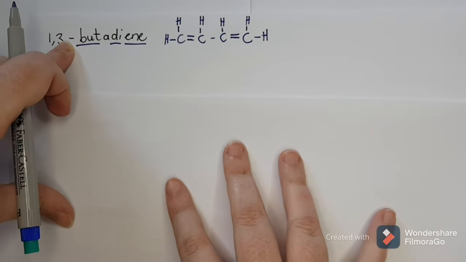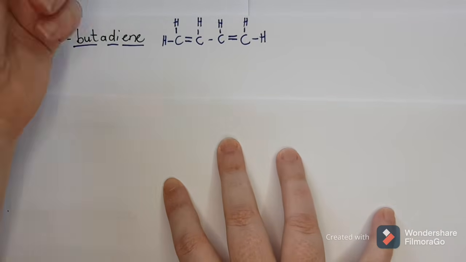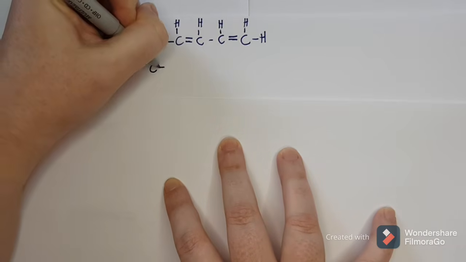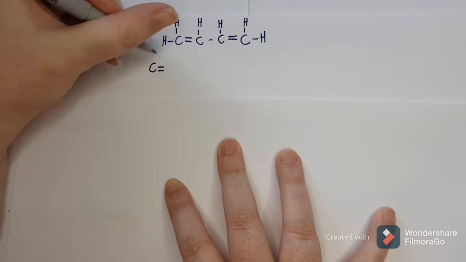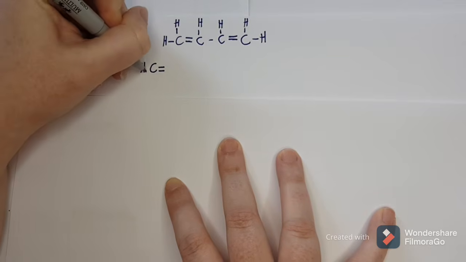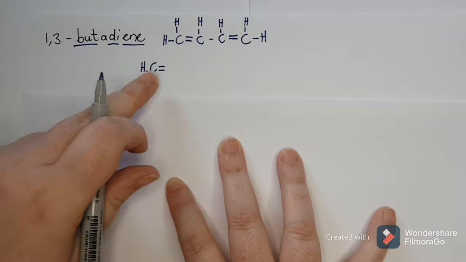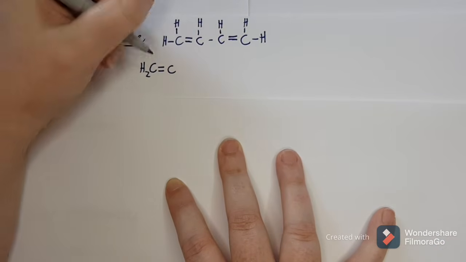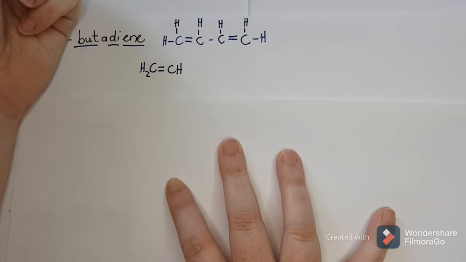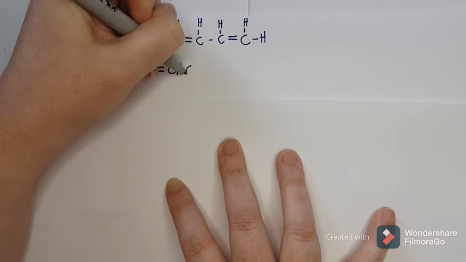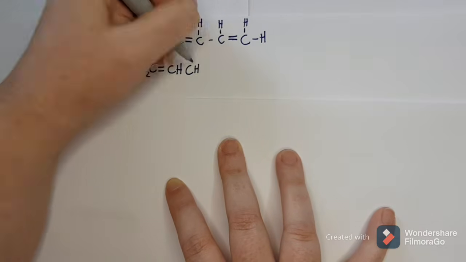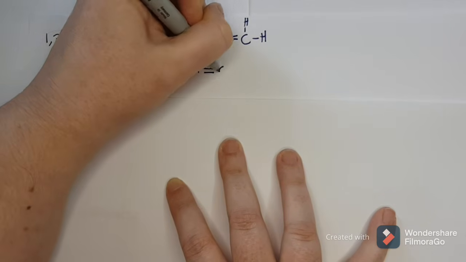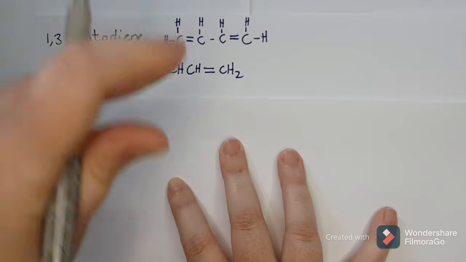To draw that as a structural, starting with my carbon, I'm showing the double bonds just like earlier, and there's 2 H's on this one, so I can write them backwards. Then on this carbon on that side, there's 1 H. Then there's another carbon with an H that has a double bond to the last CH2.